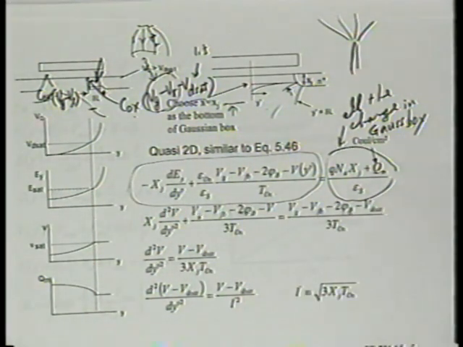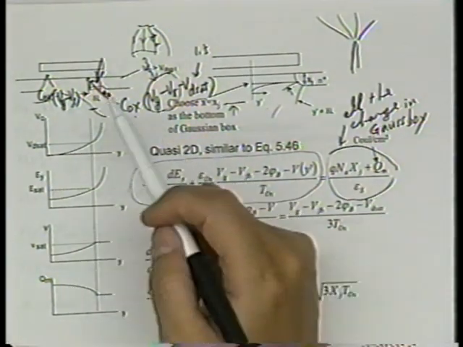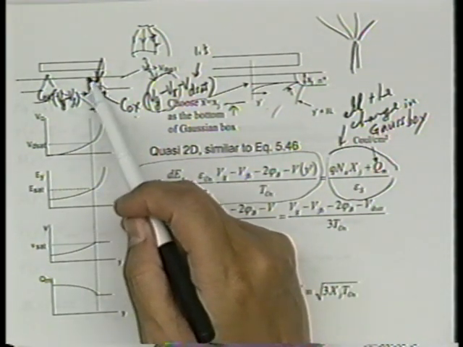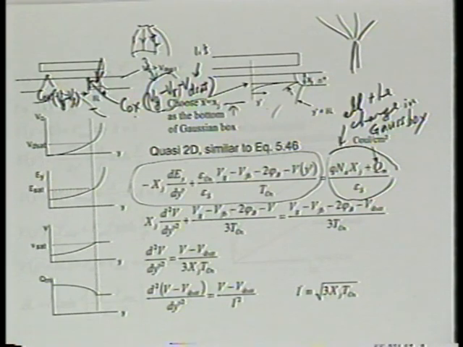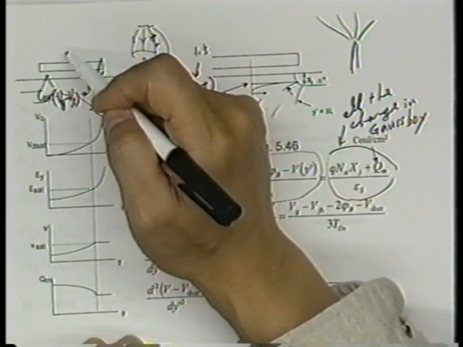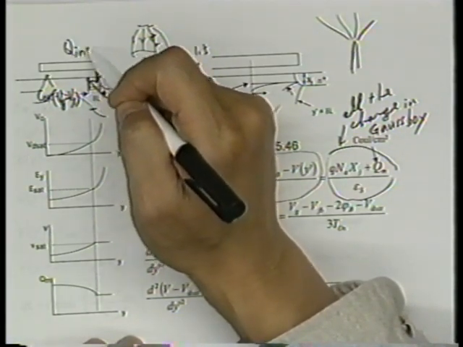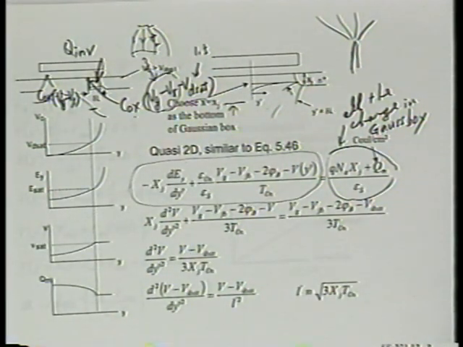How does that compare with the mobile carrier density at the edge of the pinch-off region, in terms of per square centimeter, not per cubic centimeter? In other words, the usual unit we use for Q inversion, counting per area, not per volume. Any suggestions?